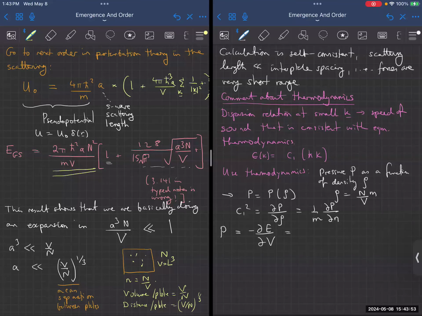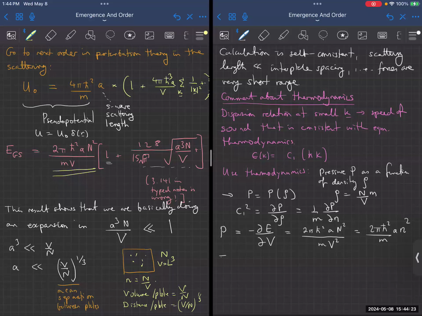But the lowest order term is simply that, and so dE by dV is just 2 pi h bar squared a n squared over m V squared, which is equal to 2 pi h bar squared over m times a times the number of particles per unit volume squared.